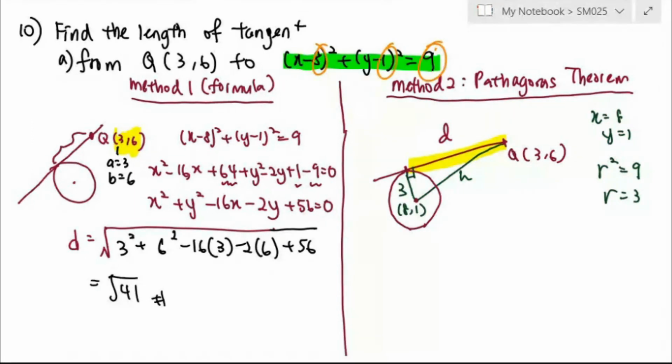Now we're going to find the hypotenuse. The hypotenuse is found using the concept of distance between 2 points: square root of 8 minus 3 squared, plus 1 minus 6 squared.